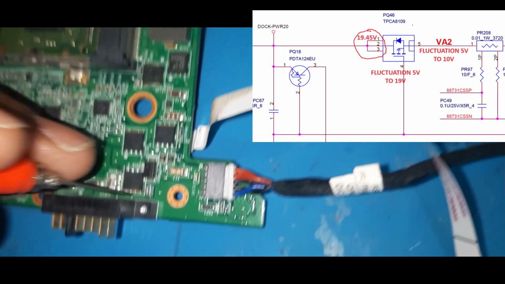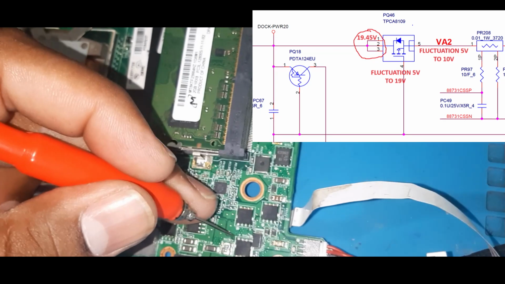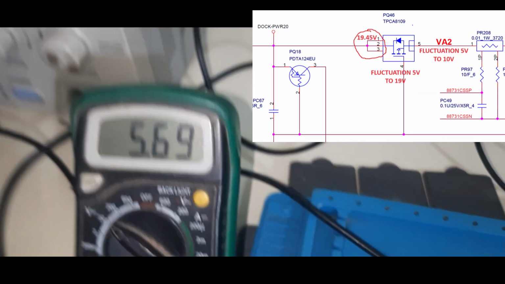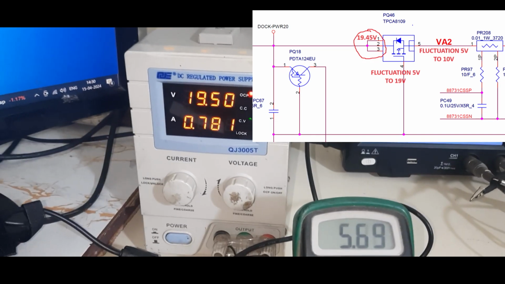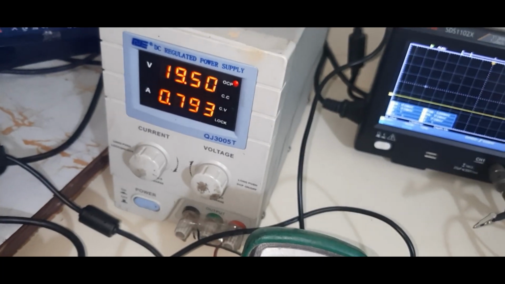Okay, I do one thing, I will check the gate. The gate is 5.6. See the amp, when I touched the gate, it got started. See the fan? Now it's working.